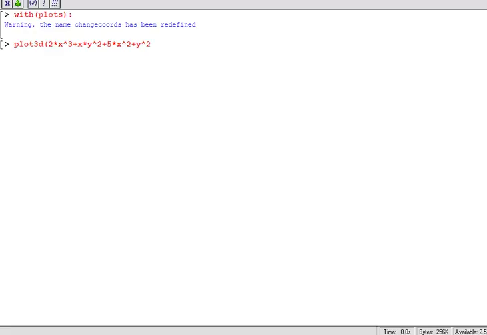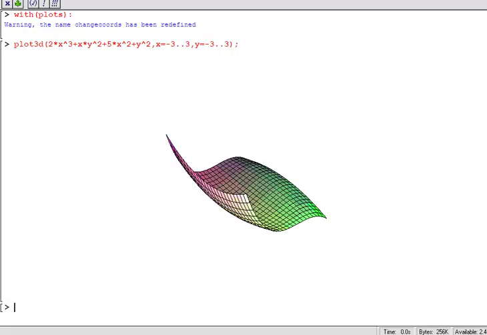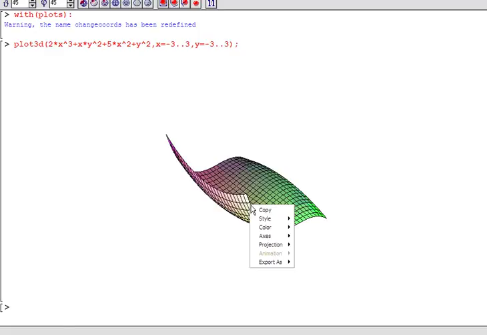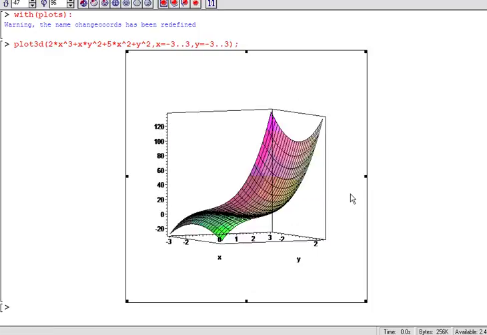And I'm going to go from negative 3 to 3 because all my critical points will be in that domain. And then we're going to box the axis and turn it around.